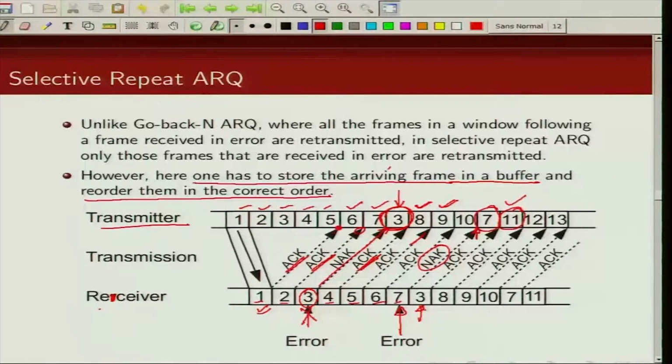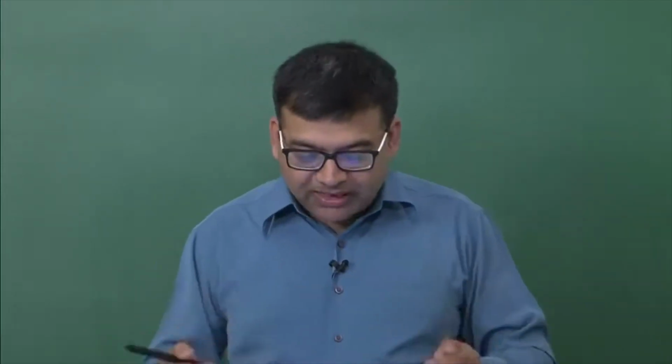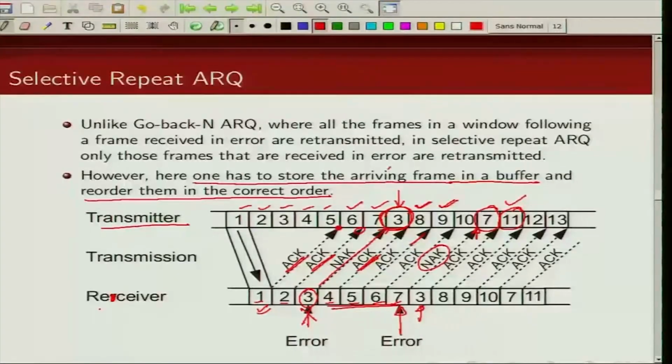So once I get packet number 3, I need to put it back in the order after packet number 2 and before packet number 4. At the receiver, you need to keep a buffer to store all the packets that you have received before packet number 3 was received. So 4, 5, 6, 7, you need to store them in the buffer, and once you get packet number 3, you put it back in the order after packet number 2.